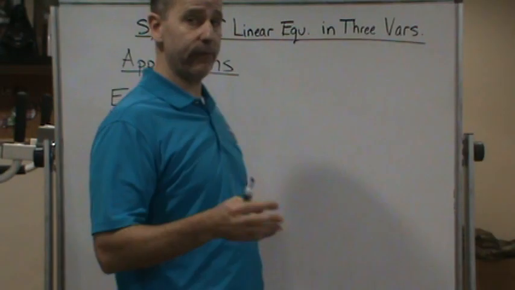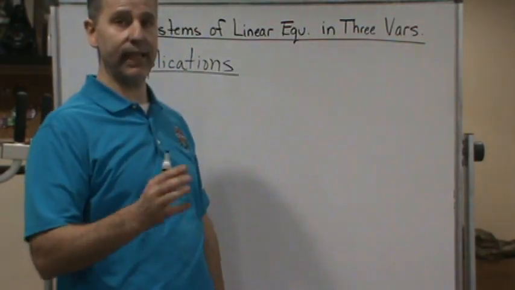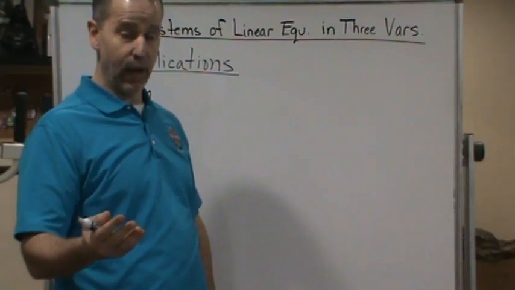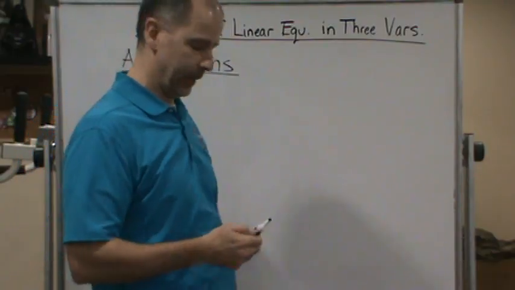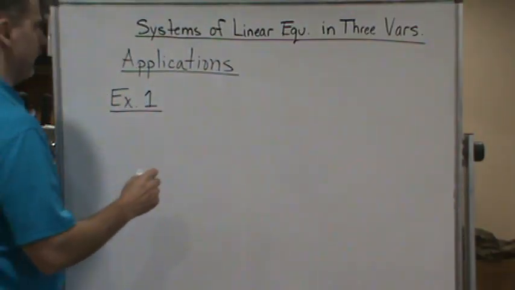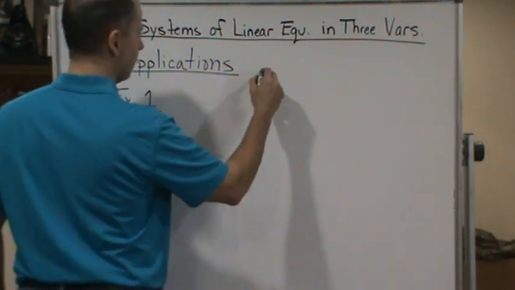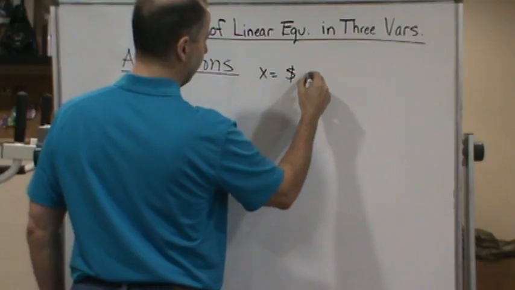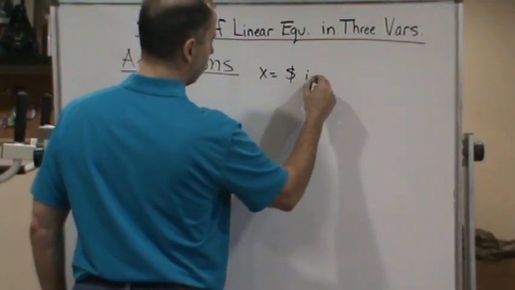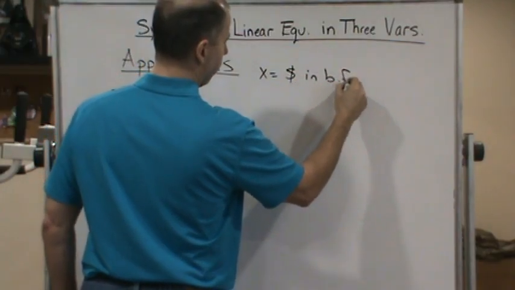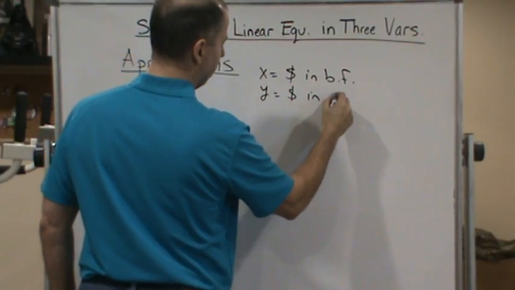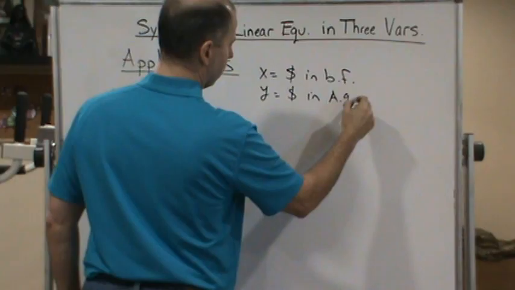Since we're trying to figure out how much was invested in each of the three funds, let the variables represent those amounts: X, Y, and Z. Let X be the amount of money in the bond fund. Y will equal the amount of money in the aggressive growth fund.